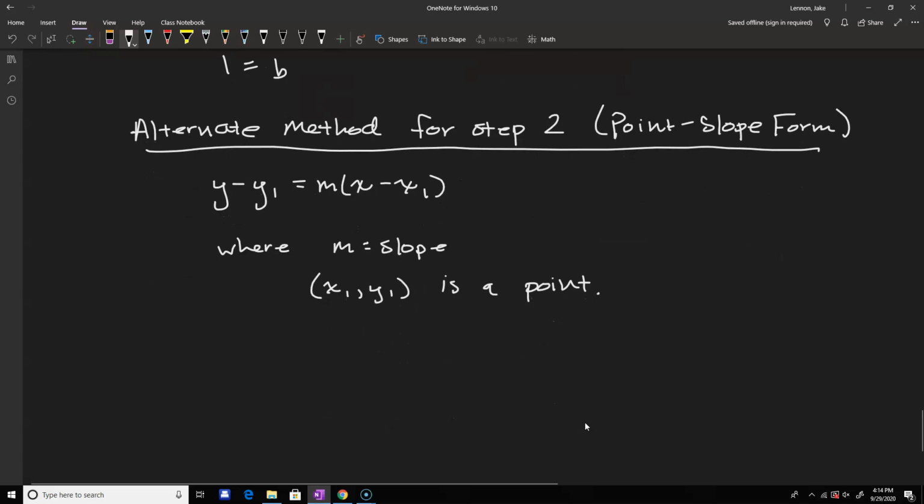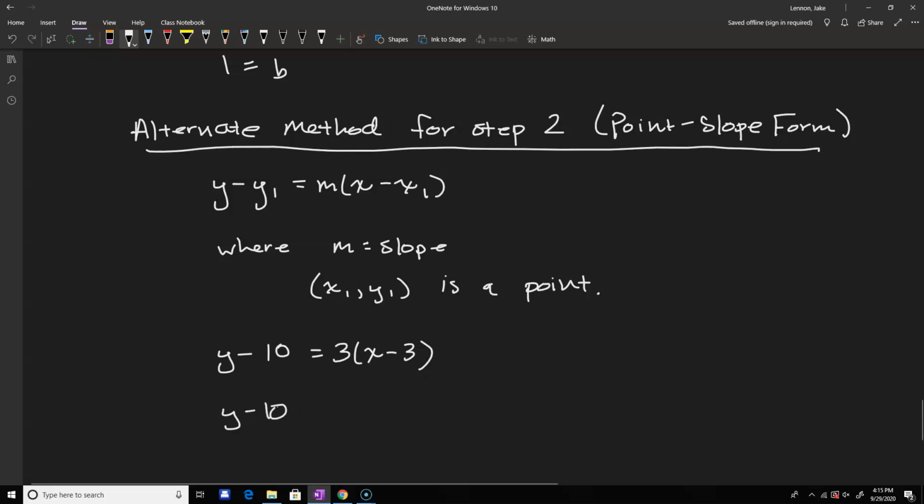So it's going to look very similar, but let's say we use the same values here. We would have y minus the y value, which we said to be 10, and then we would have 3 times x minus 3, which was the x value of our point. And then if you solve, you would get the same thing, right?